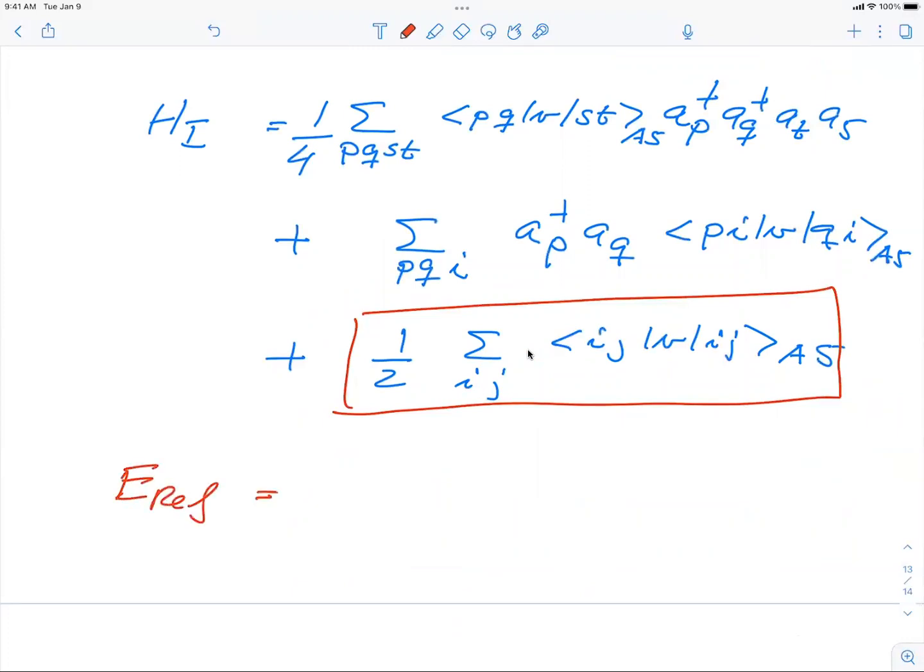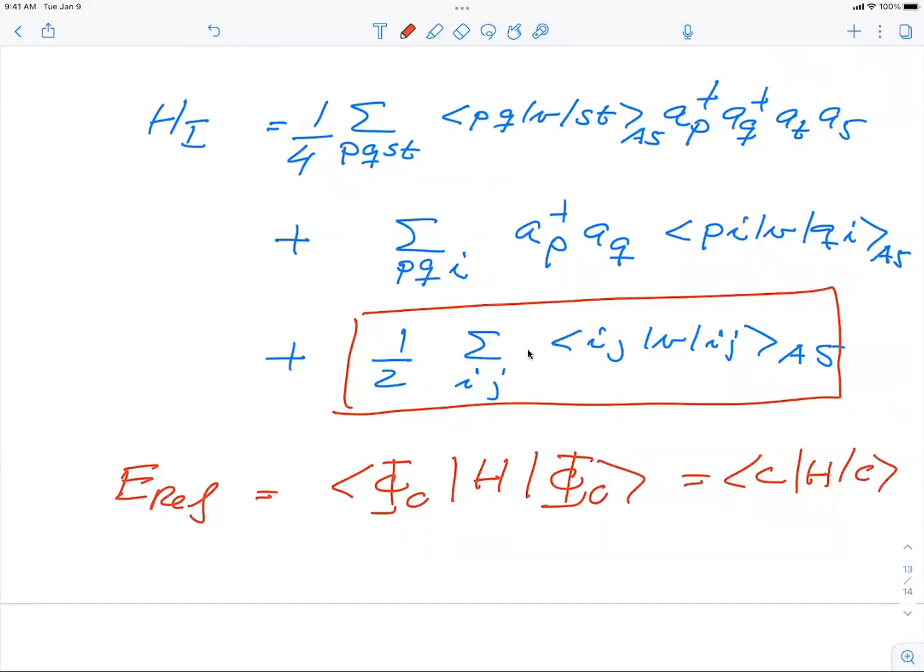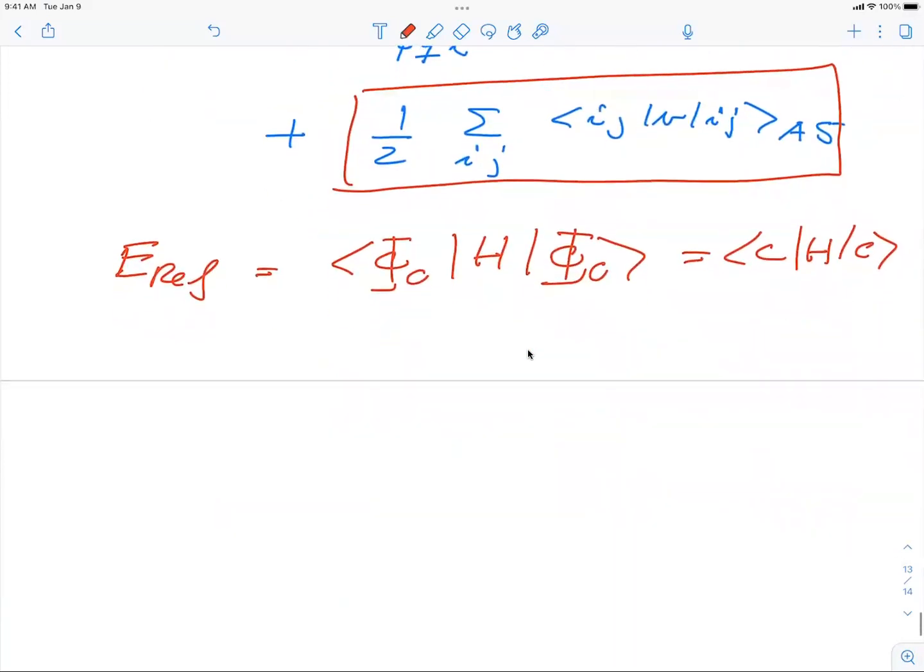Reference because I have a reference vacuum state. So if my vacuum state is phi 0, or in terms of this C which I defined, this is actually the result which I would get in terms of these specific expectation values. So this is normally called the reference energy.